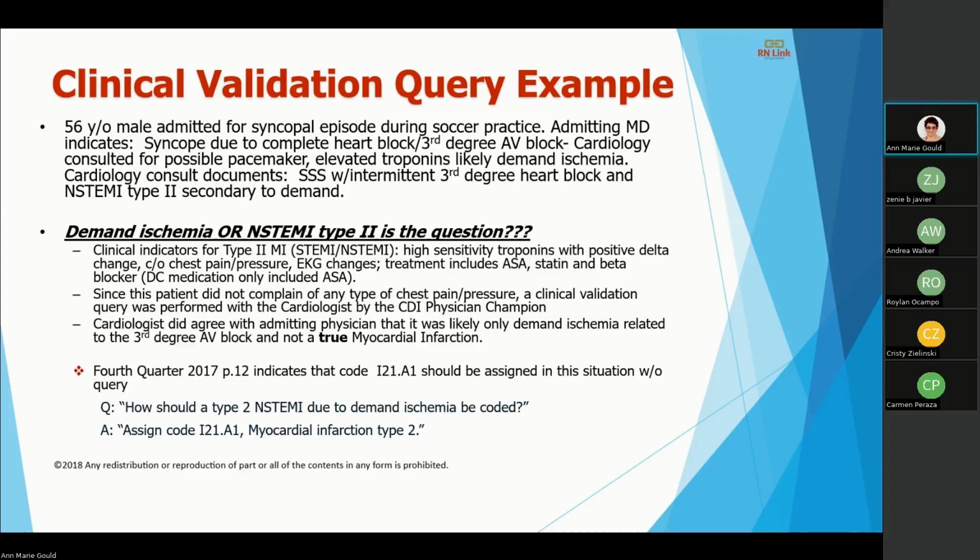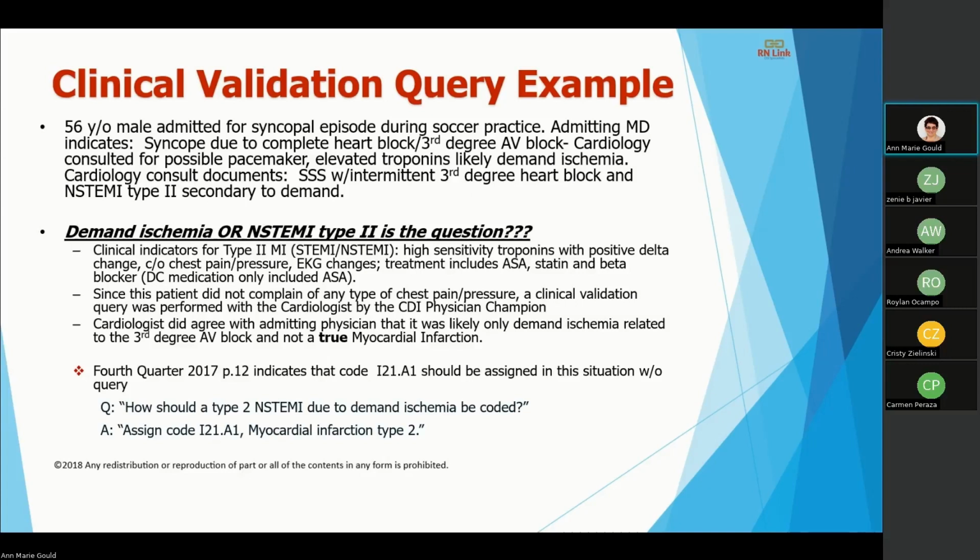But did he really have a type 2 MI? Is it a myocardial infarction? Or maybe it was just myocardial injury because of the complete heart block. So these are other little things that you have to look at. And that's why I said the CDI pocket guides are so helpful, because they give you the clinical indicators you need in order to formulate a validation query like this.